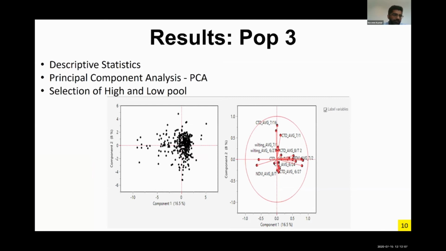In population 3, first we perform descriptive statistics on the data to get summary statistics on all the measurements, including NDVI and CTD. Then we analyze the phenotyping data using principal component analysis to reduce the large number of variables in the data and extract the important ones depending upon the magnitude and direction of the variables.